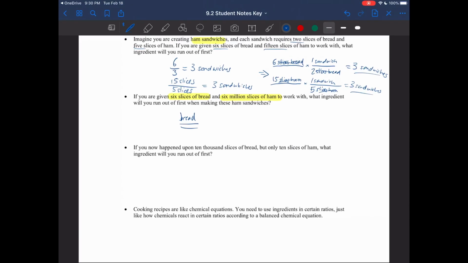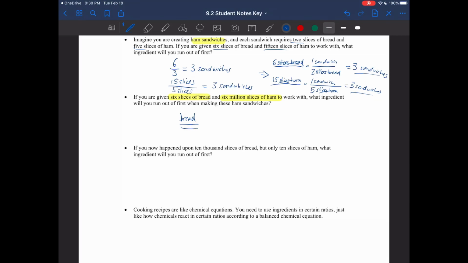Now, if you happened upon 10,000 slices of bread, but maybe now you ate all your ham and you only have 10 slices of ham, what ingredient are you going to run out of first? I'm thinking ham. A lot less ham than we have bread. And you can tell just by the basic amounts here.